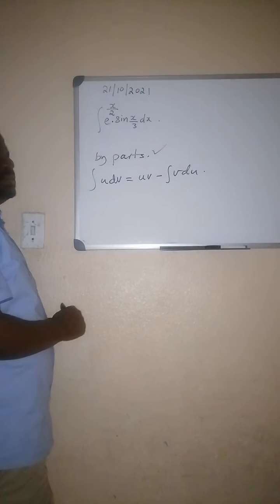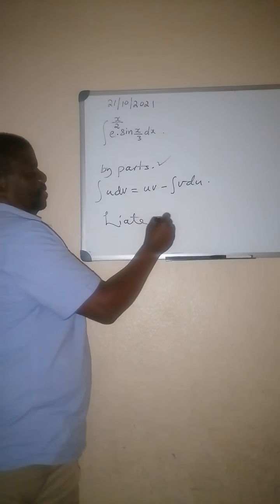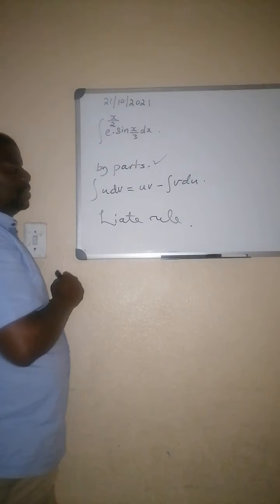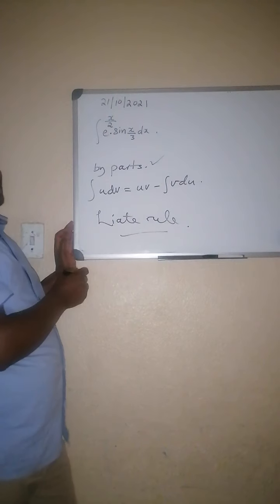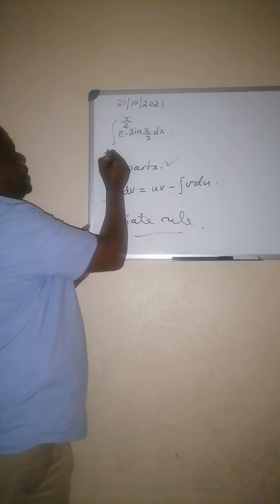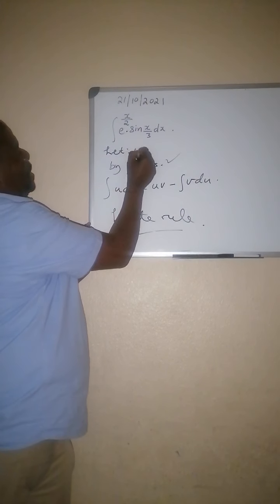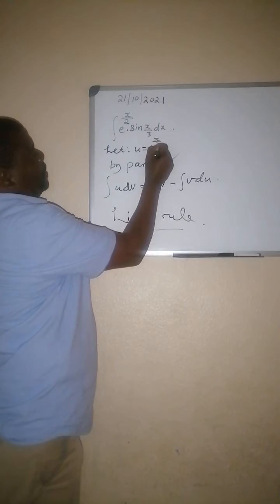But also the other knowledge that we need to have is that of the LIATE rule. Now the LIATE rule actually guides us when we need to be saying let u equals e to the x over 2.